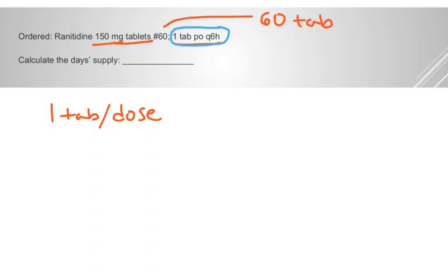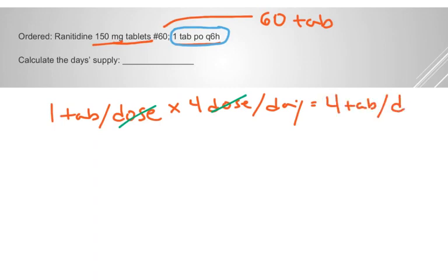So he's getting 1 tablet per dose every 6 hours, which is 4 doses per day. Okay, so you see how they cancel. And so that means he is taking 4 tablets per day. Okay, so if he's taking 4 tablets per day, and again, what this number 60 means is that's how many tablets are in that bottle.